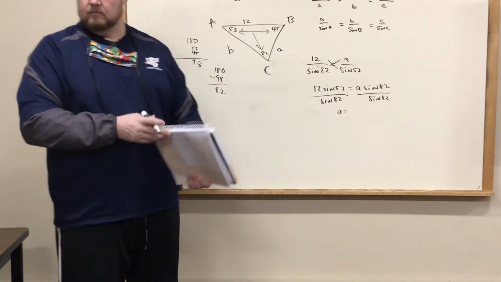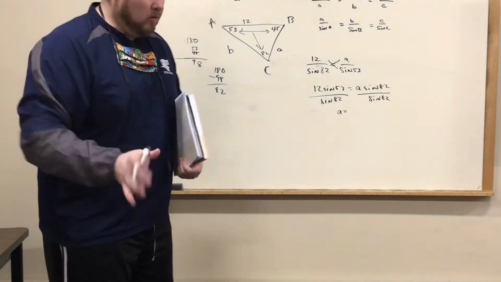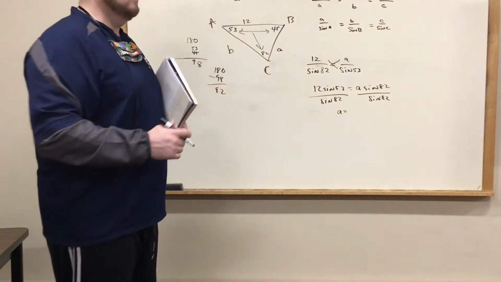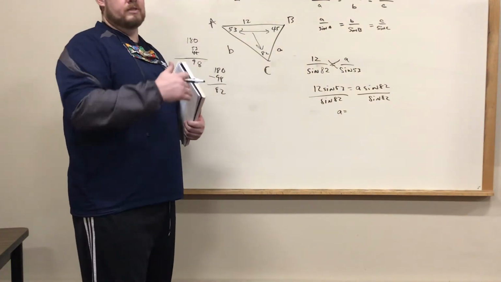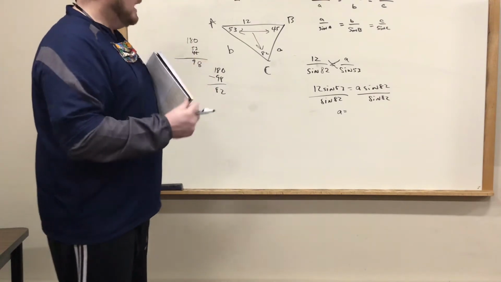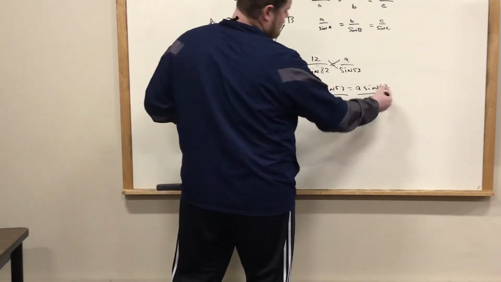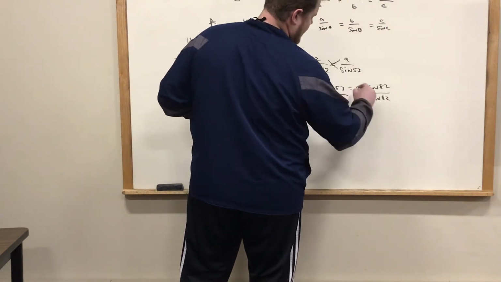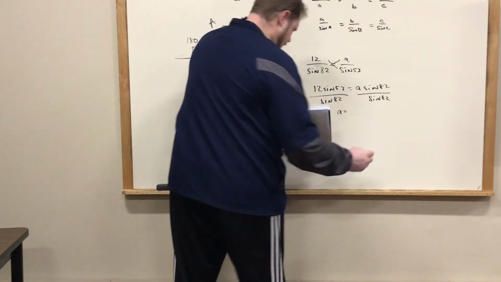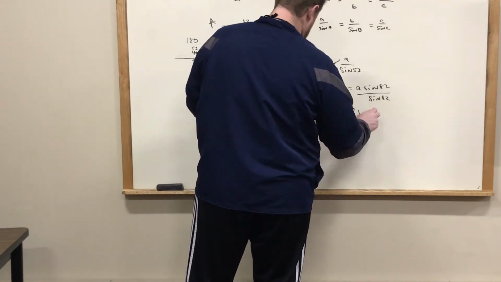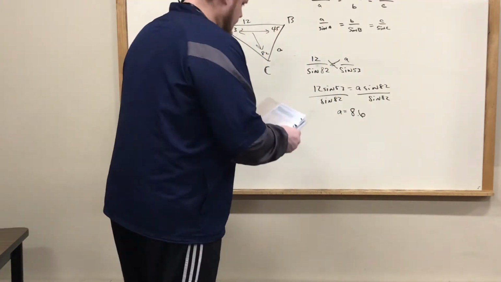It's going to be around 0.7, give or take, 0.7475, and then you hit sine 82. So you get those decimals, and then you plug it in, 12 times the one divided by the other, and that's going to give you 9.7.